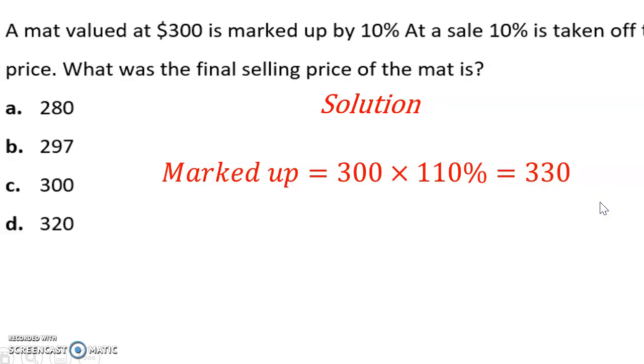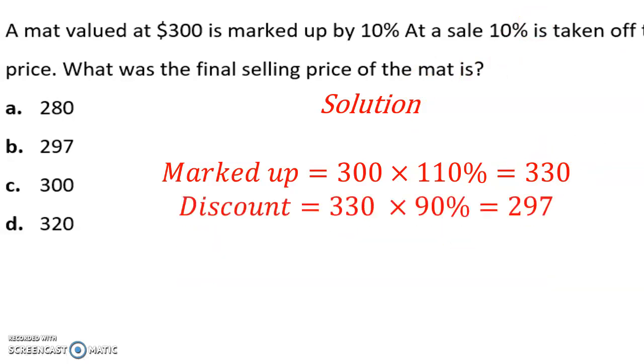The person, upon selling the mat, gives a 10% discount, right? So what is 10% of 330? That's what we're going to find now. So if it's a 10% discount, the new value would be 90% that would be left, because if you take 10% off 100%, 90% is left.